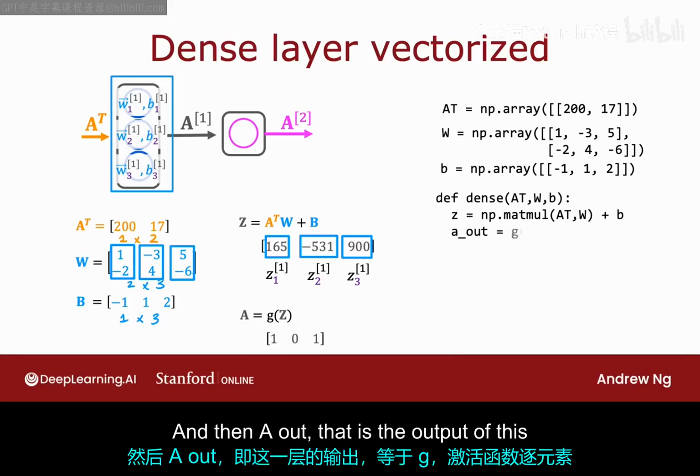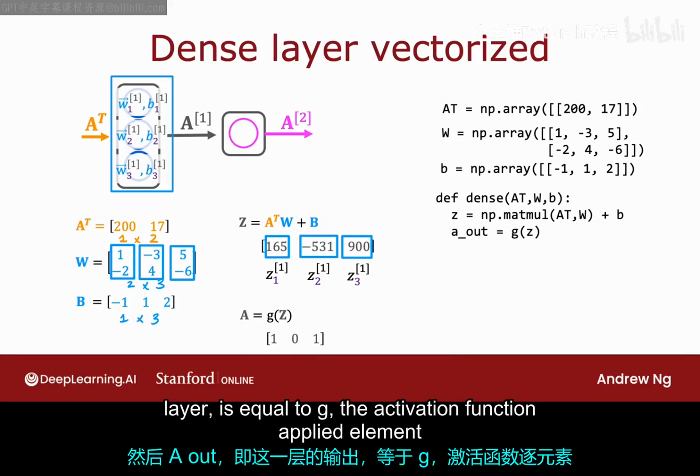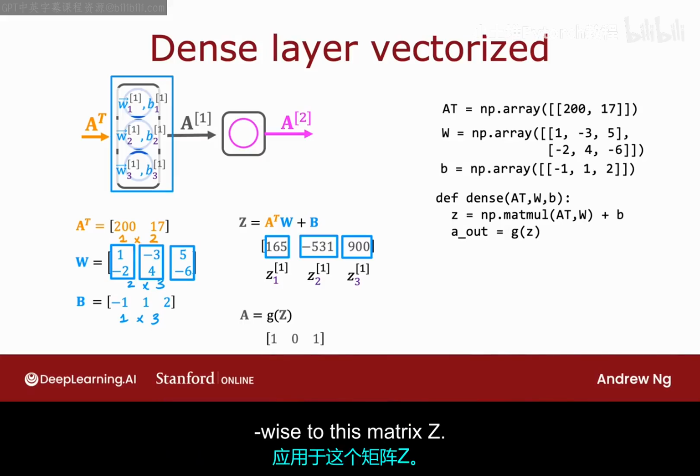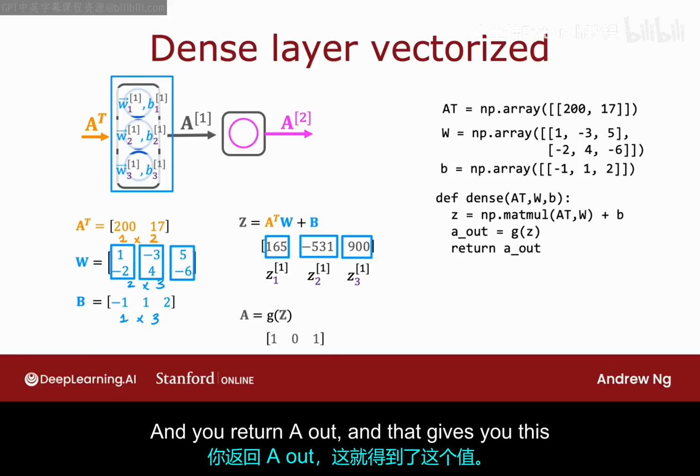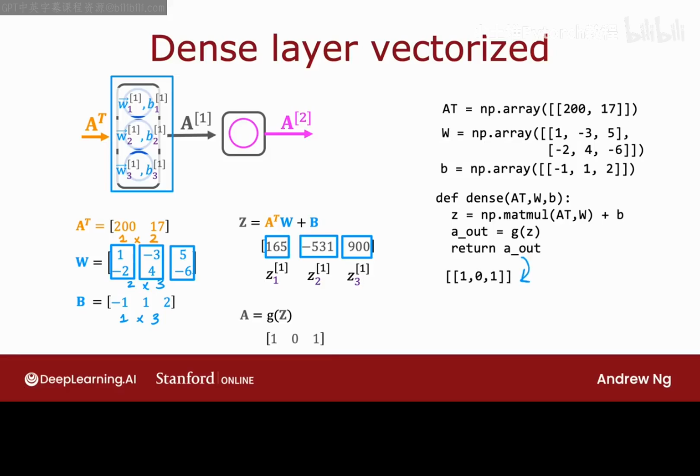And then A_out, that is the output of this layer, is equal to g, the activation function applied element-wise to this matrix Z. And you return A_out, and that gives you this value.